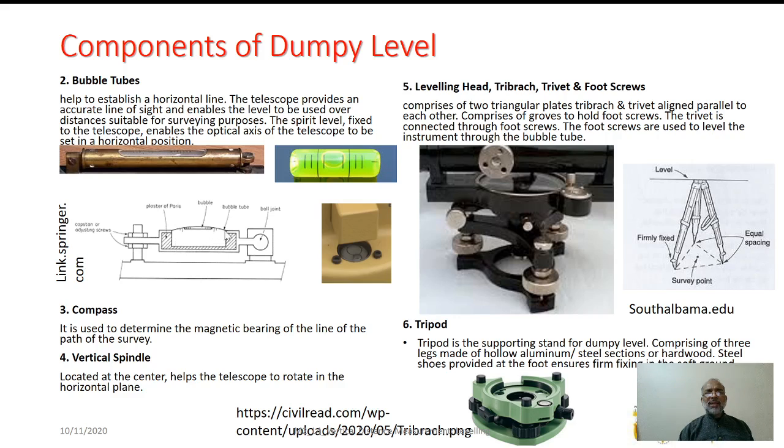This is actually the level tube. Some non-viscous liquid is filled in it with a portion of air trapped so that it acts as a bubble. The movement of the bubble decides the sensitivity of that particular level tube, as well as it facilitates the leveling operations.